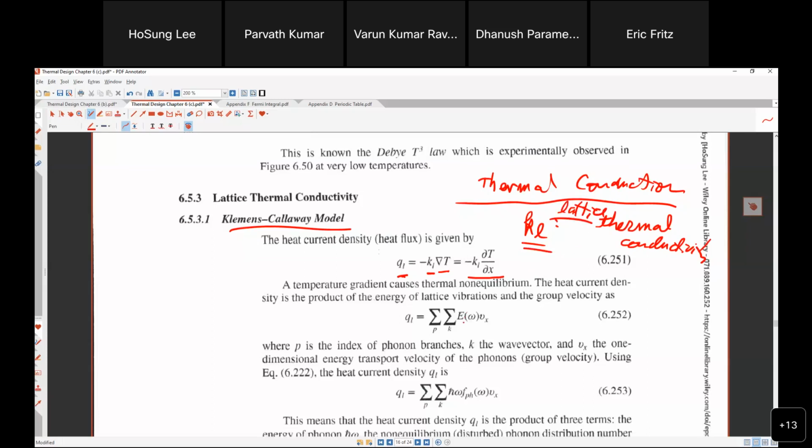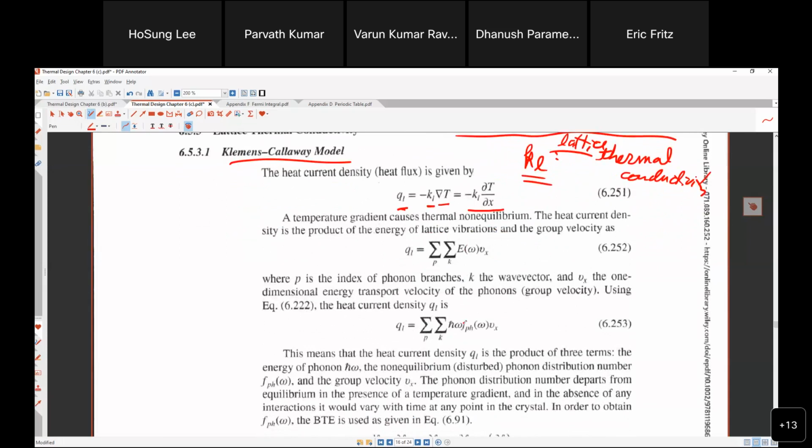Okay, so heat flow now, the rate of heat flow is a vibration again. It turns out the vibration energy and velocity, the sound velocity, and the number of vibration modes, two transverse, one longitudinal, something like that.